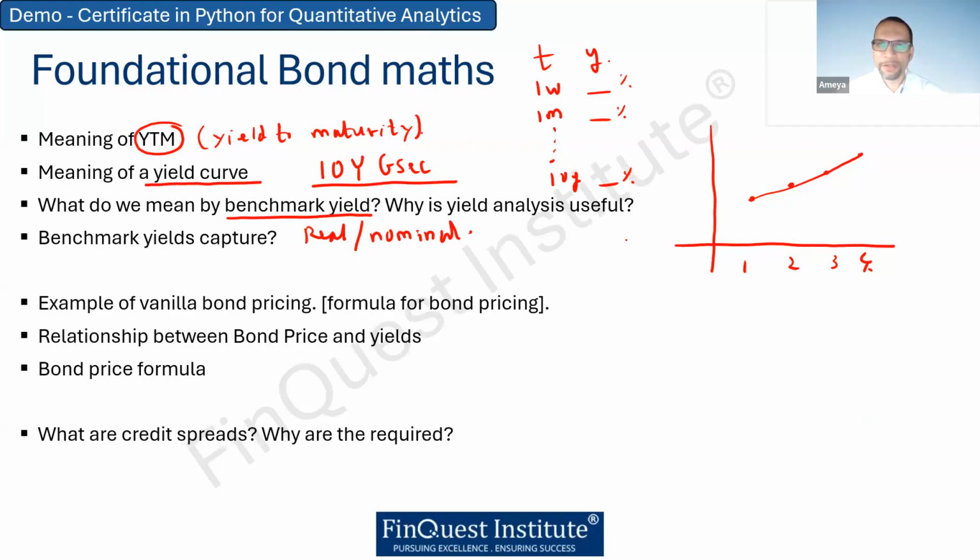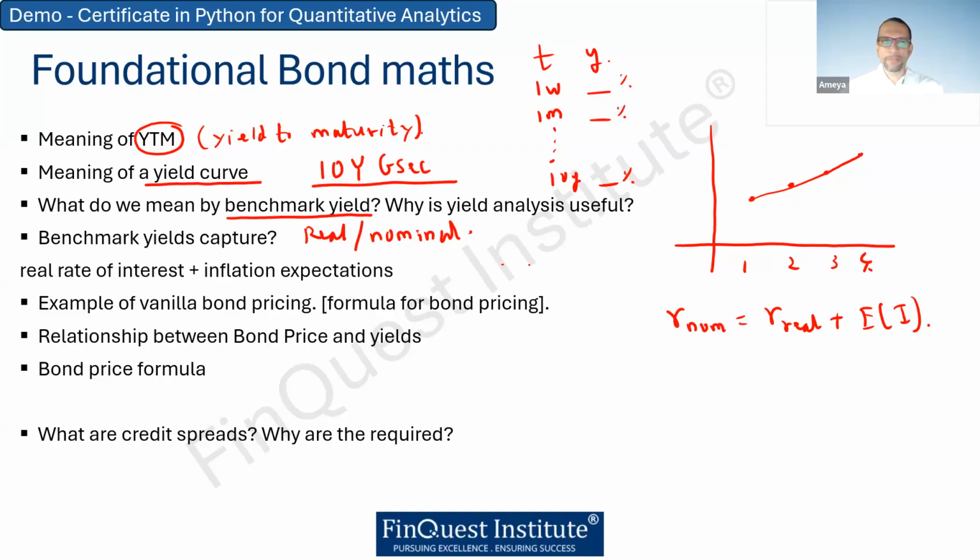I'll tell you why. Because there is a relation which says that R nominal is equal to R real plus the expected inflation. So remember that the yields which are quoted in the market are always nominal yields. For example, if I take the Indian market, our 10-year GSEC rate, let's say, as a ballpark number, is around 6.5.